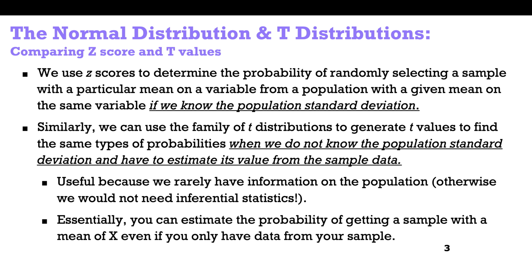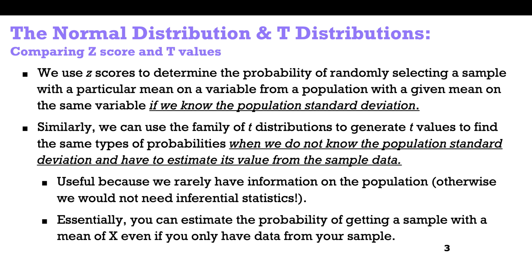Similarly, we use the t-distribution to generate t-values to find the same type of probabilities. Okay, so the probability of selecting a sample of 25 students with an IQ score of 12.